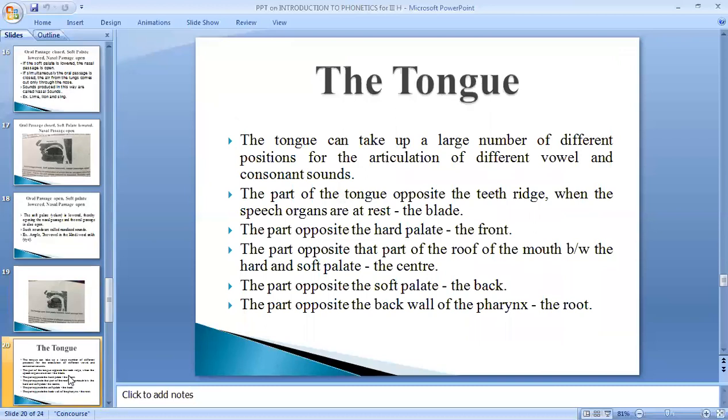Next, another part of the articulatory system is the tongue. The tongue can take up a large number of different positions for the articulation of different vowel and consonant sounds. The part of the tongue opposite the teeth ridge when the speech organs are at rest is called the blade.